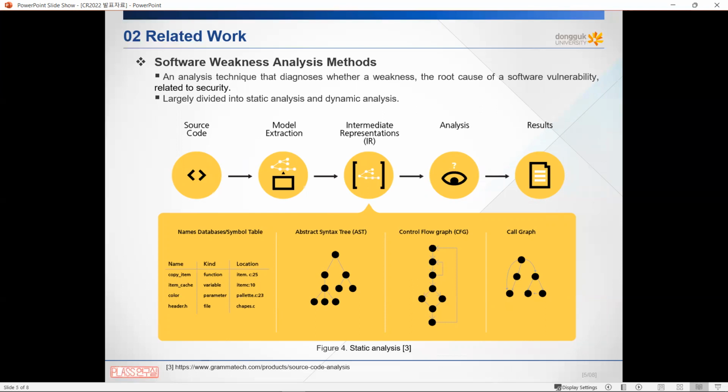It can be naturally divided into static analysis and dynamic analysis. For example, the static analysis steps are compiler, code input, model extraction, intermediate representation, and analysis and return result.